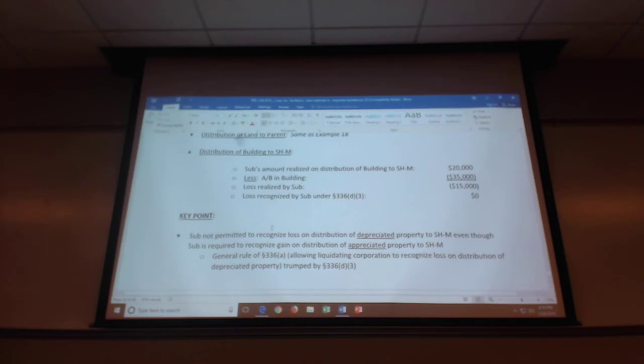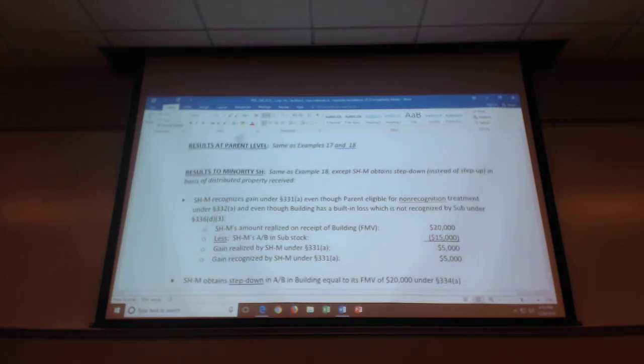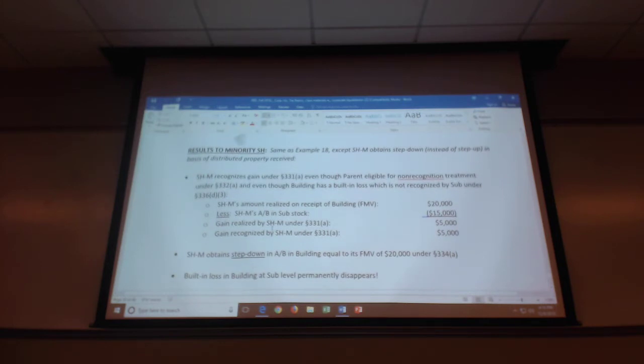Anyway, the only other point worth noting in this example, where the minority shareholder receives the distribution of the loss asset: what is the basis of the property received by the minority shareholder?